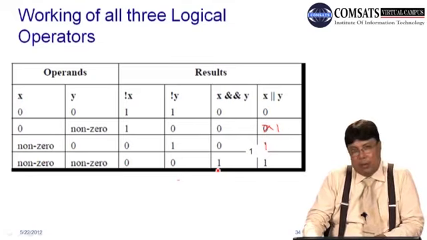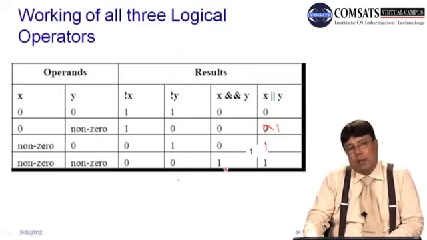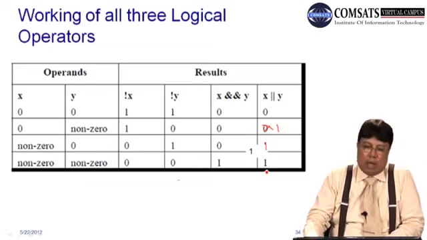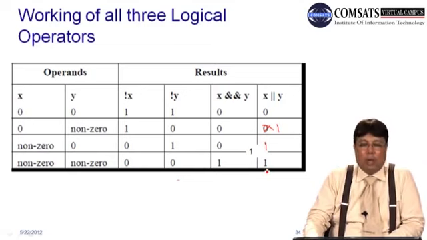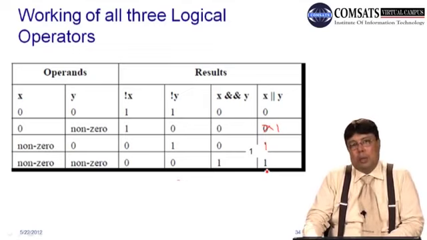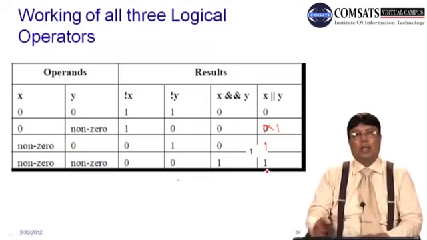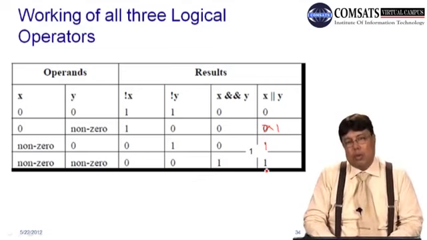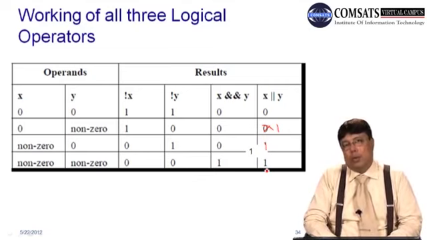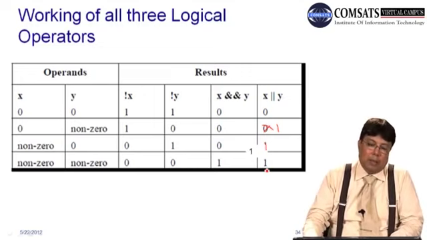Since both are 1, therefore the answer should be equal to 1. Or 1 plus 1 is again 1, means A is true, B is true, answer is true. So this is a very good table to remember how these logical operators are computed. If the values are 0 or 1, means 0 stands for false, 1 stands for true, or non-zero stands for true. Okay, please remember that.